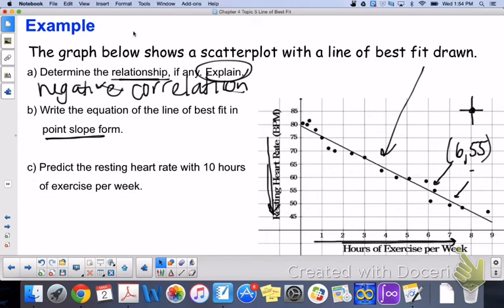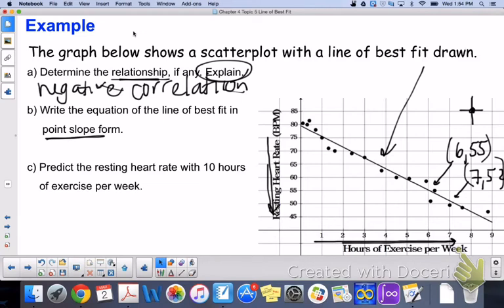So maybe it is (7, 52). That could be your other point. It is hard to judge, it could be 51 or 51.5. You just want to get as close as you can. It is hard when they don't go exactly through grid points, but you could use (7, 52).